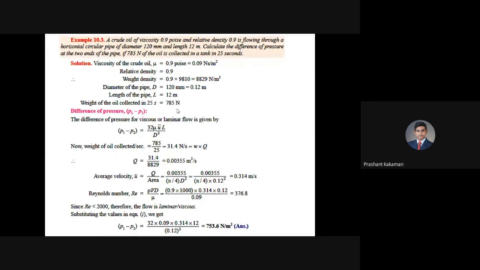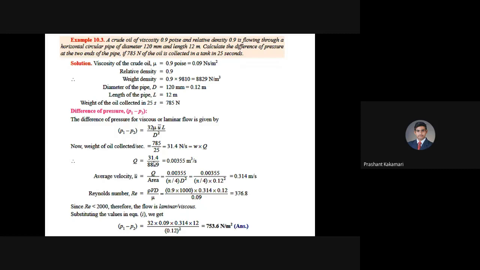So weight of oil collected per second, you can multiply with the given discharge. Or discharge can be given as weight collected per second, that is Newton per second. Then using this formula, all of you know, discharge is always mentioned in meter cube per second in SI units.